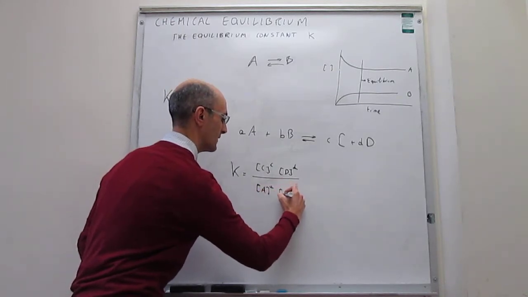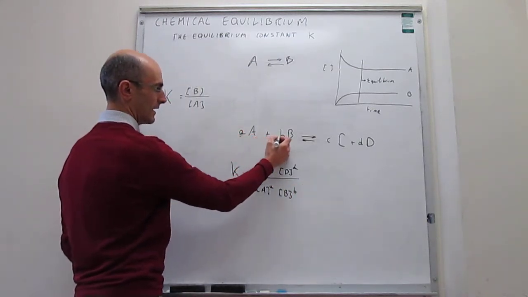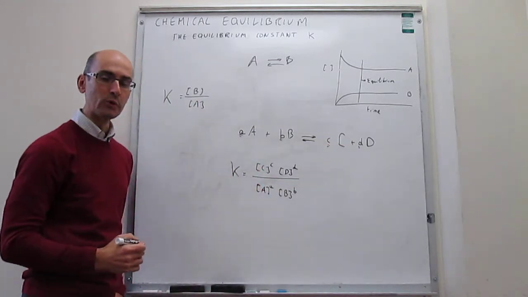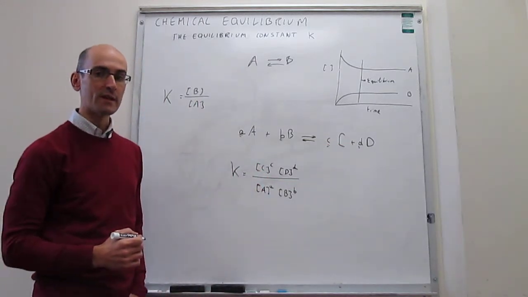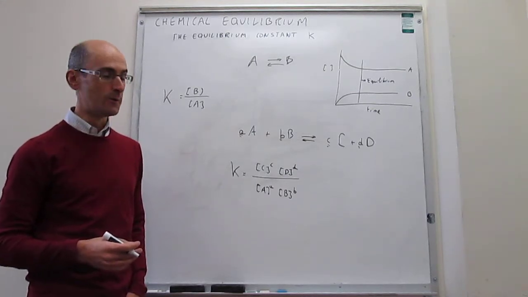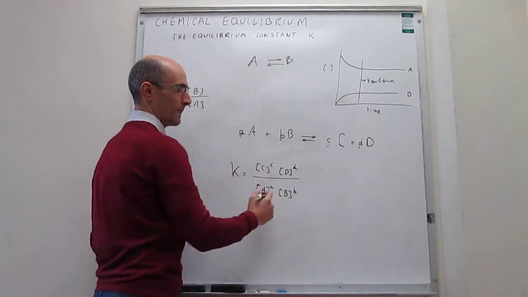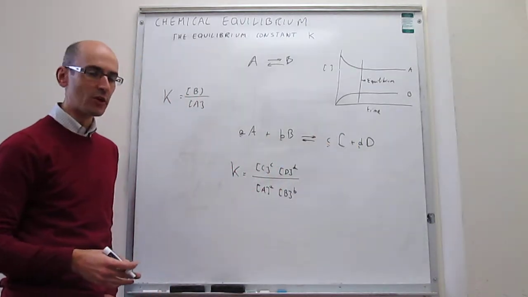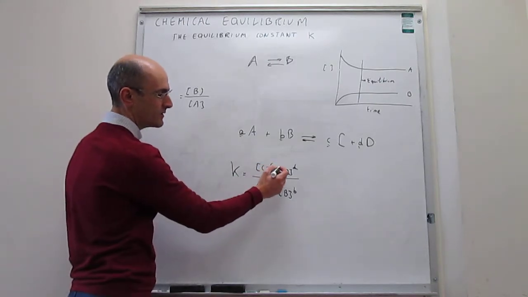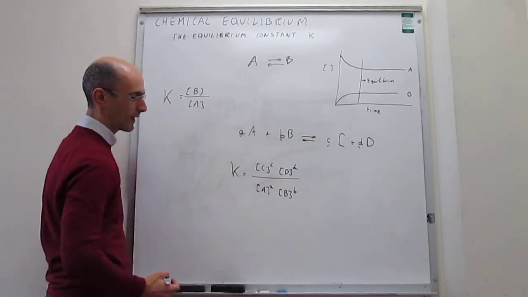Now something important that you're recognizing here is that these lowercase a, b, c, and d are simply the stoichiometric coefficients that emerge when you balance the reaction. So usually they are whole numbers that tend to be small. Okay? So it can be 1, 1, 2, 1, or whatever they are, it doesn't matter. They are just the stoichiometric coefficients, and they enter the equilibrium constant as powers to the concentration of each specific compound in the chemical reaction.